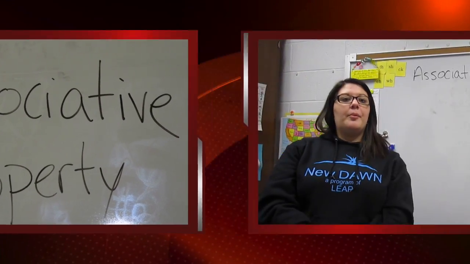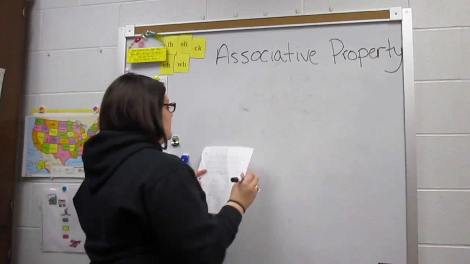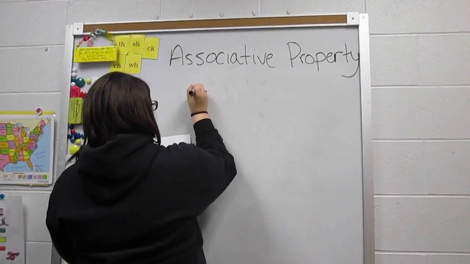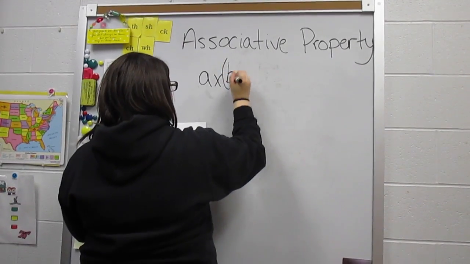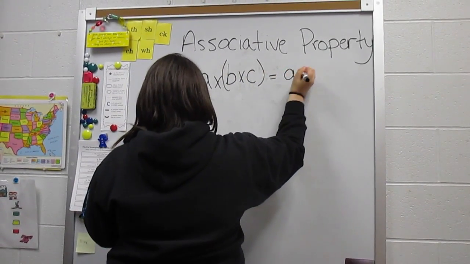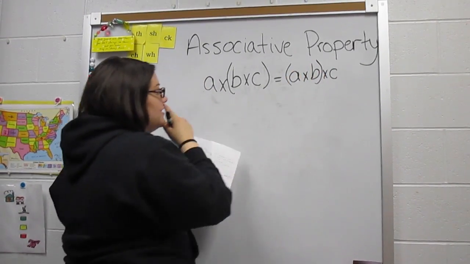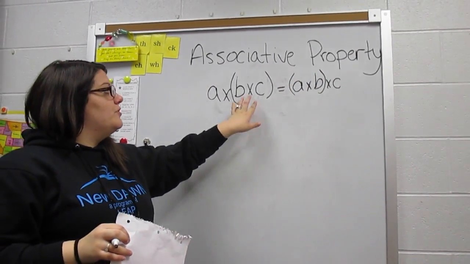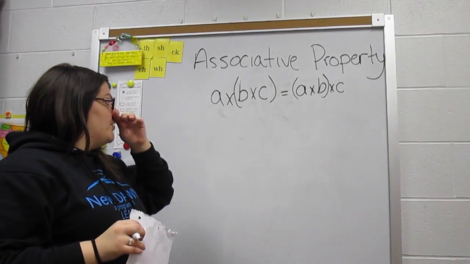The second property we will be discussing is the associative property, which again, you guys have already seen this equation before. I just want to explain it a little bit more in depth. It's A times B times C equals A times B times C. And here you can see that there are 2 numbers grouped together, and then there's an outside number.